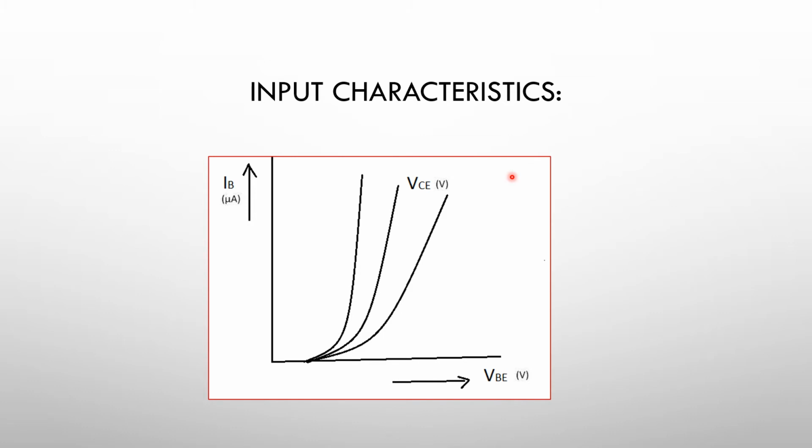This curve is called the input characteristics. Here we can observe the base current IB increases with the increase in base emitter voltage. Thus, the input resistance of this CE configuration is comparatively higher than that of the CB configuration.